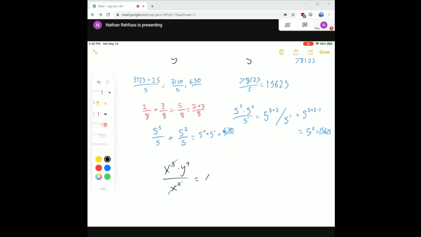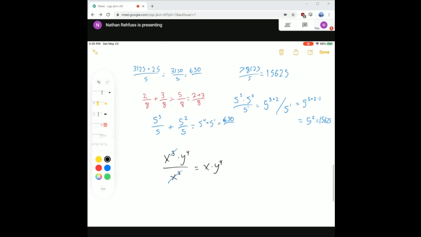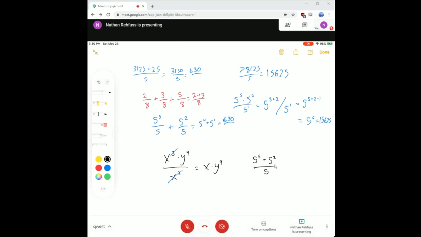So I have x times y to the 4th. If the entire numerator is one term, like it is here, it's not added to anything else, there's only one term in the numerator, then you can just pull the denominator out of the whole thing. But if there's multiple terms, like when I had 5 to the 5th plus 5 squared over 5, you have to pull this denominator out of every term.